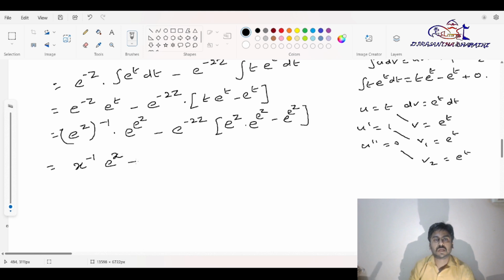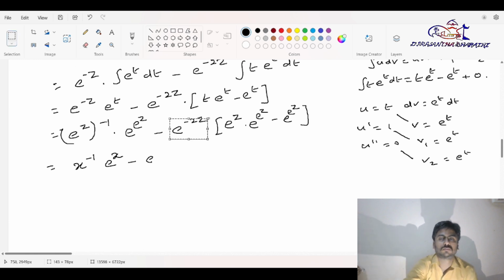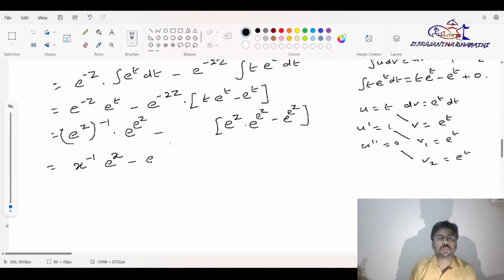So e^x minus e^(2z) is what I have to replace here, but I forgot to replace that. Here you have to write (e^z)^(-2), that is e^z minus (e^z)^(-2). What is e^z?